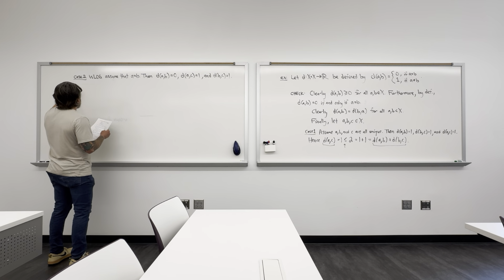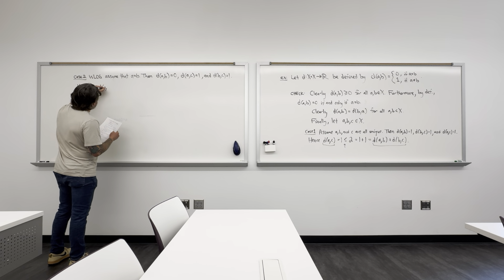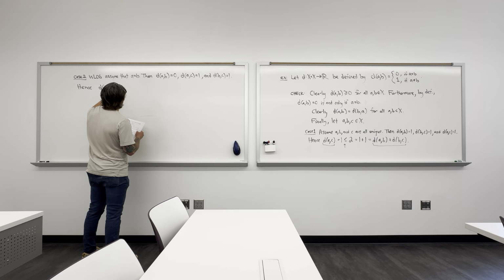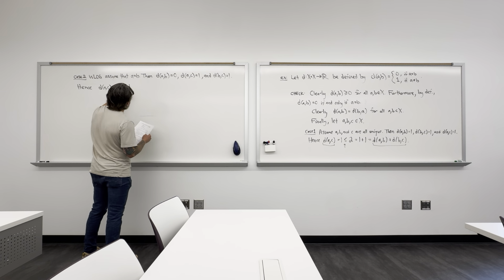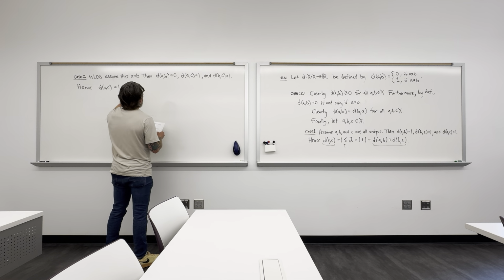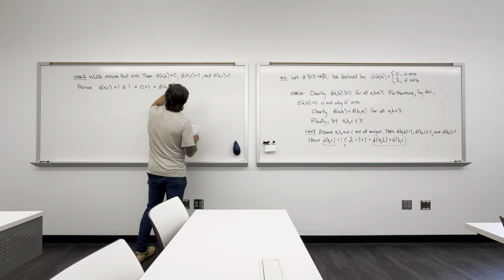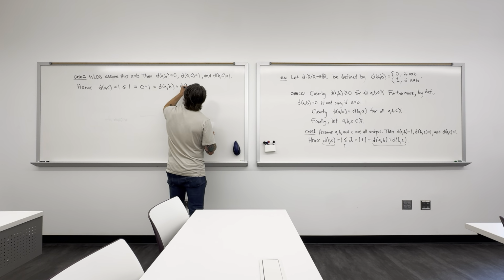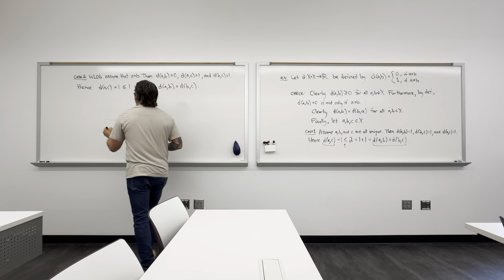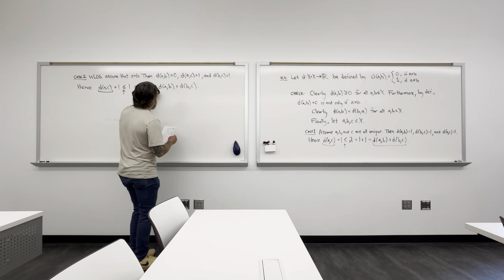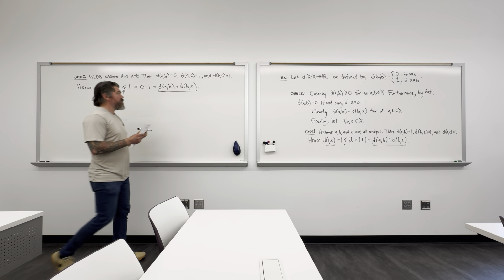Hence, d of AC, which equals 1, is less than or equal to 1, which is 0 plus 1, which is d of AB plus d of BC. So once again, we've argued that this statement is less than or equal to this statement.